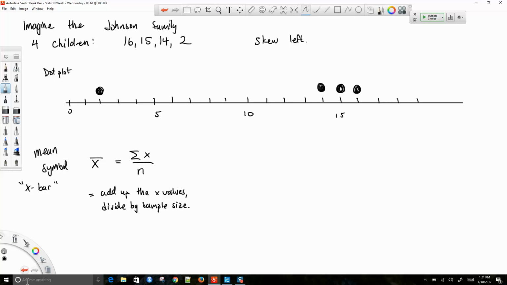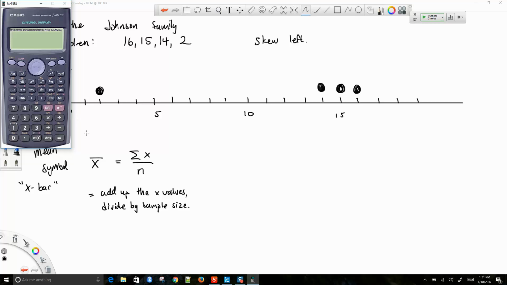Okay, so as far as the mean goes for our data set, we would add up our numbers. We would go 2 plus 14 plus 15 plus 16. I get 47. I divide that number by 4, and I get 11.75. So my x bar is 11.75.